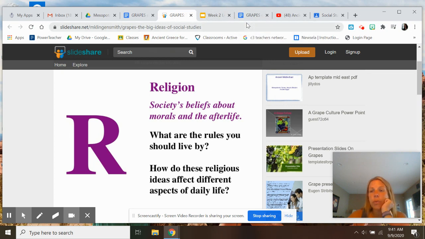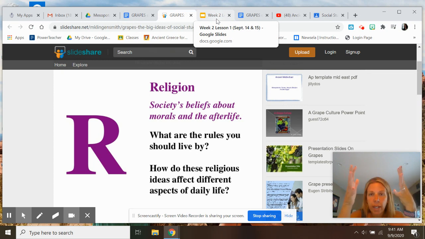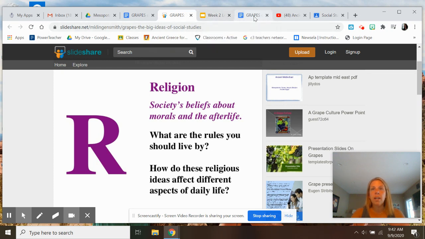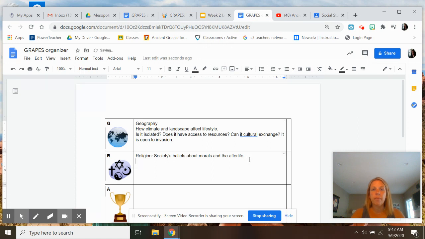So religion is rules, how you take chaos and bring it together, why things happen in the natural world. That's really where religion comes from. And then how do these religious ideas affect aspects of daily life? Religion was a huge part of the ancient world. As well as today, there are multiple religions throughout the world. So those two questions you can add in on your note-taking sheet here.